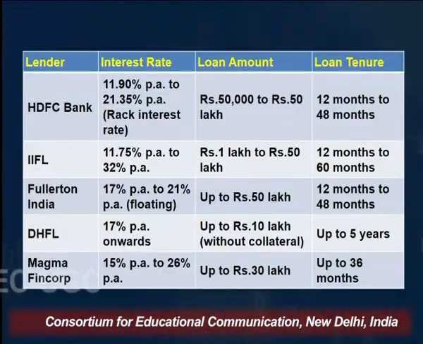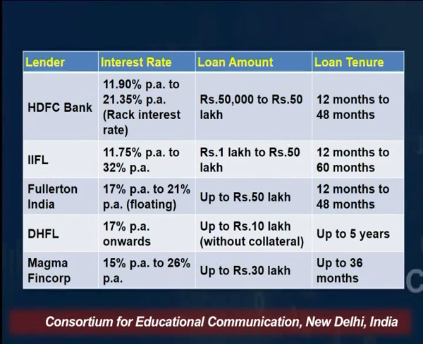Now, there is a comparison of the business loans in India by different banks. If you talk about the lender HDFC Bank, the interest rate varies from 11.9% to 21.3% per annum. That is the rack interest rate. The loan amount is between 50,000 to 50 lakh and the loan tenure is 12 months to 48 months.